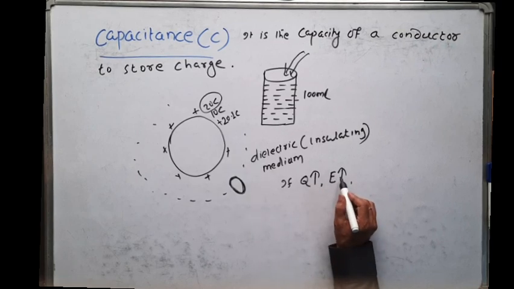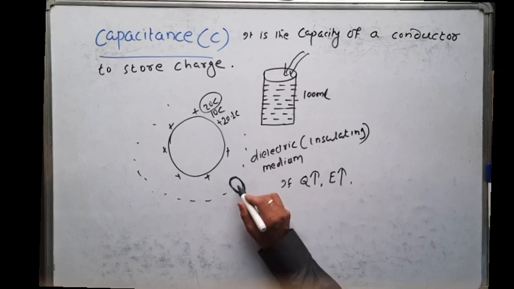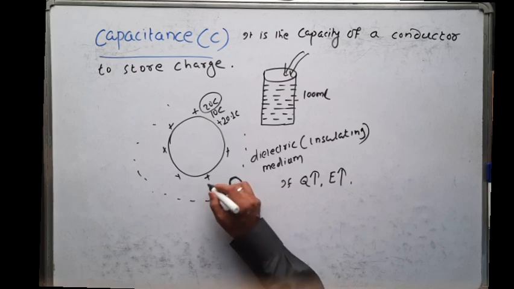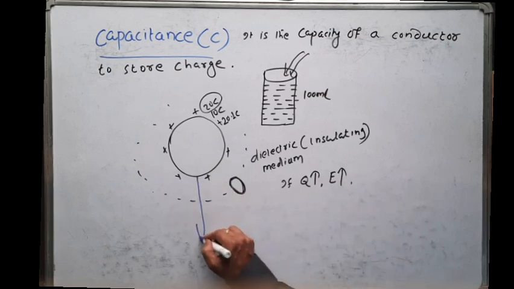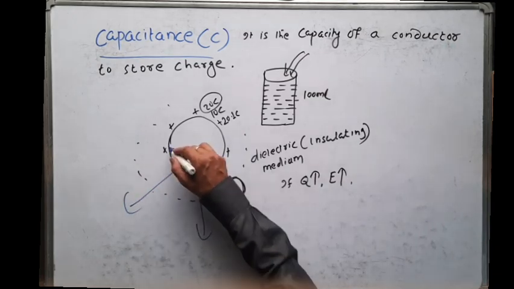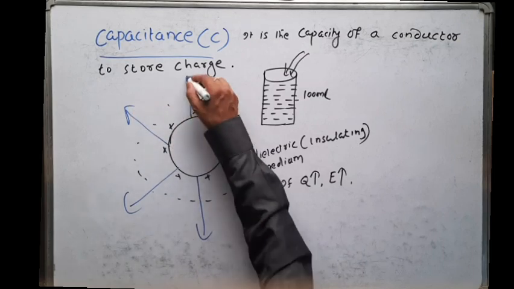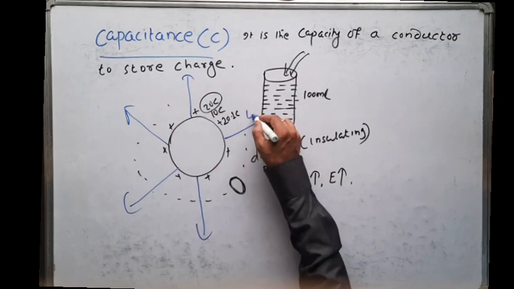This electric field intensity will exert a force on the dielectric molecules. And what is the direction of the electric field here? Since it is a positively charged conductor, the direction of the electric field is away from it. So this is the direction of the electric field.